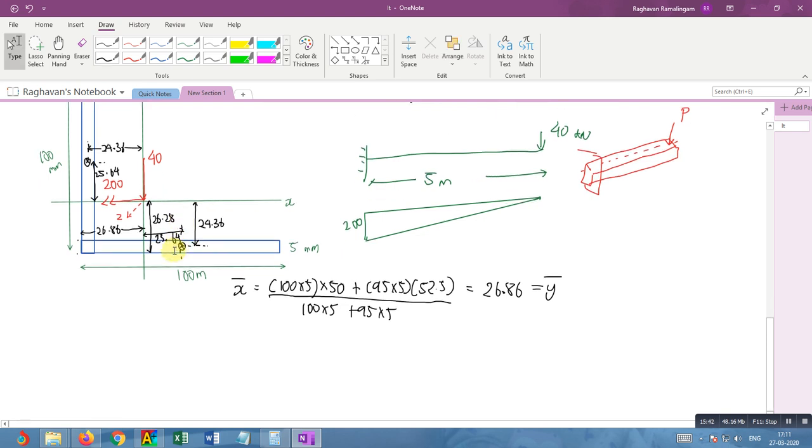Now I can find out what is Ixx and Iyy. Ixx equals Iyy. Use the parallel axis theorem.